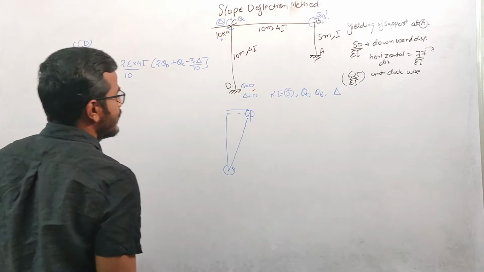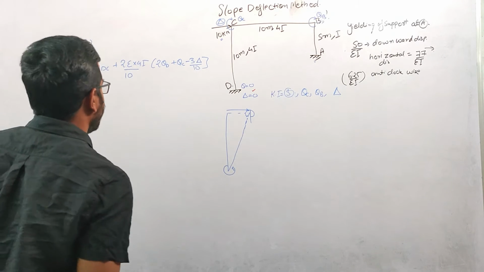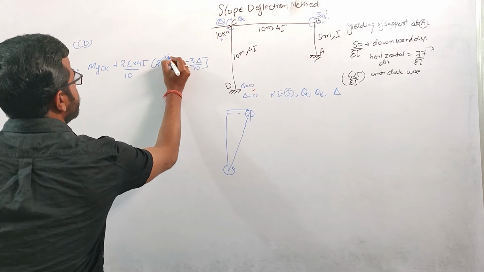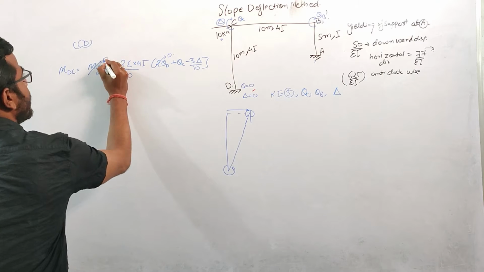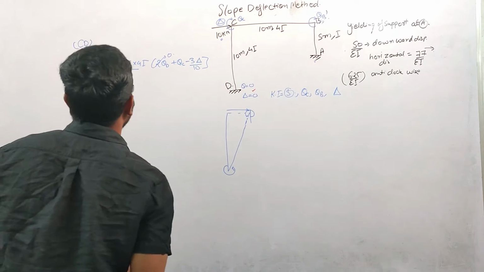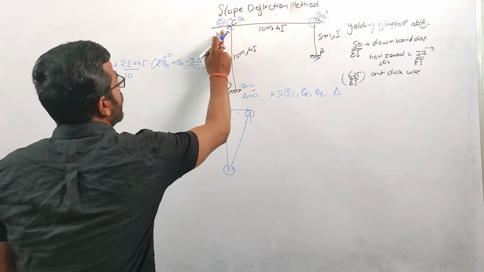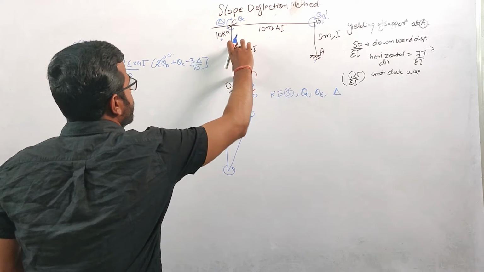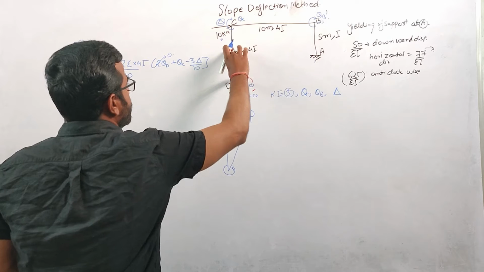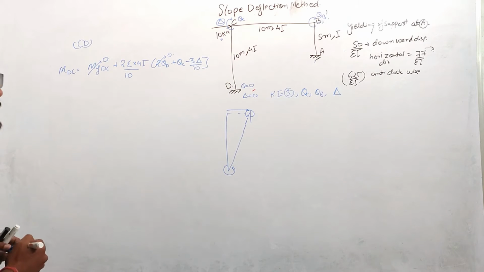So this is 3 delta by 10, right? Theta D is basically 0, slope at D is 0. MFDC will be 0. Why? Because there is no load on this member CD. This 10 kilonewton load is acting at this joint C. For this span there is no load, so MFDC will be 0.